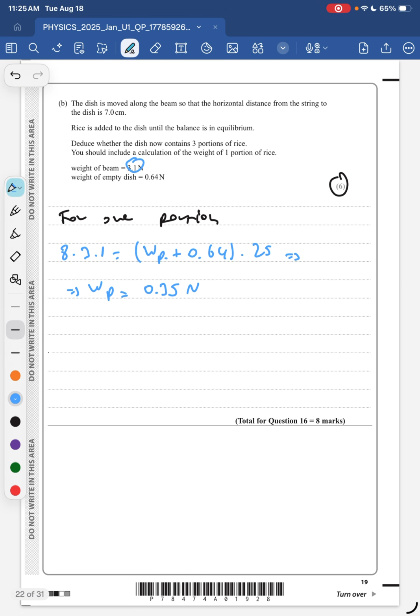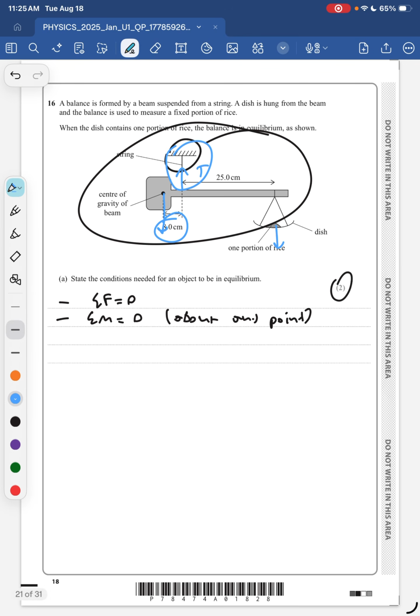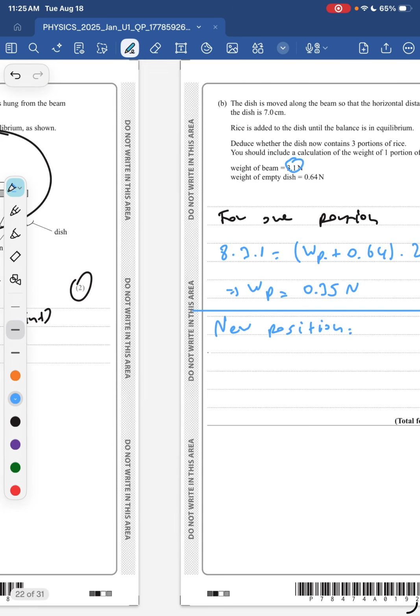Now they tell us that the dish is moved along the beam so that the horizontal distance from the string is 7 centimeters. Rice is added, and we have equilibrium again. So for the second scenario, I'm going to draw a line to separate it. In the new position, we still take moments about the string.